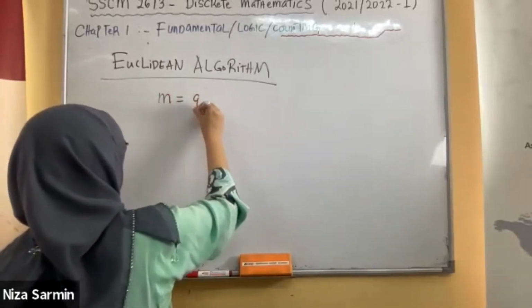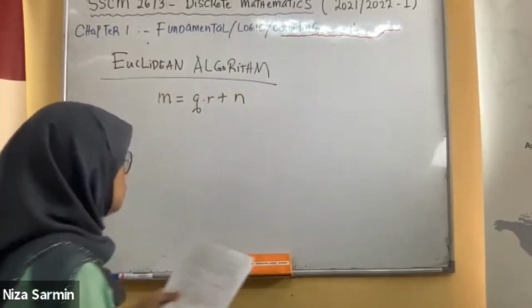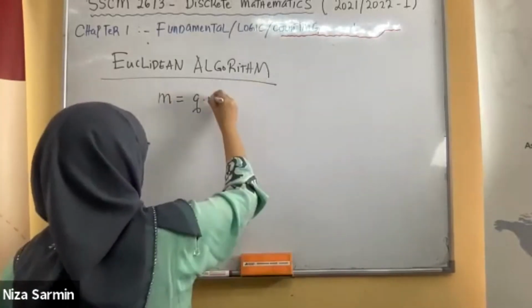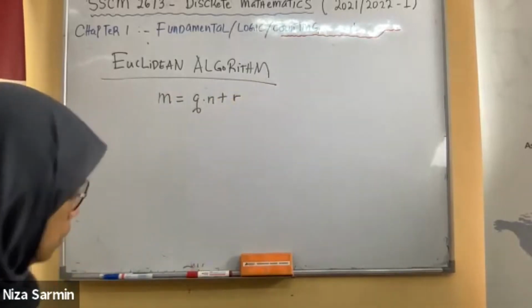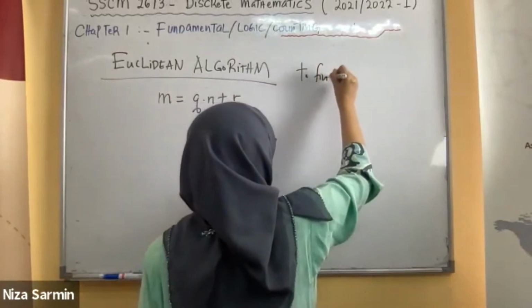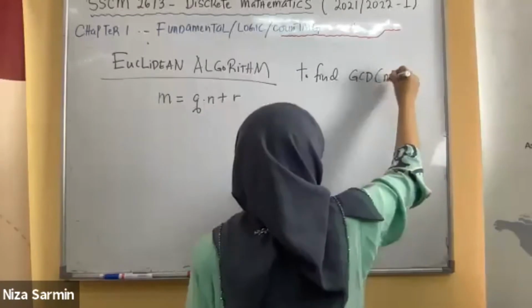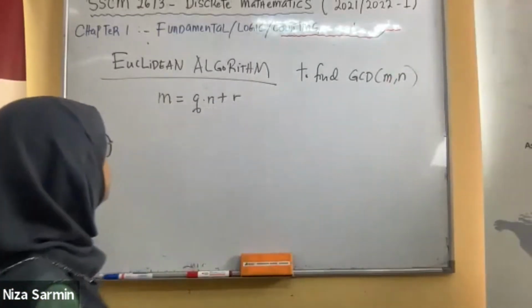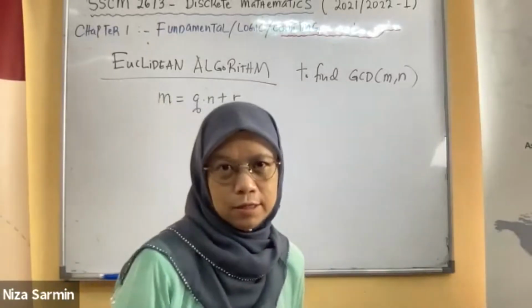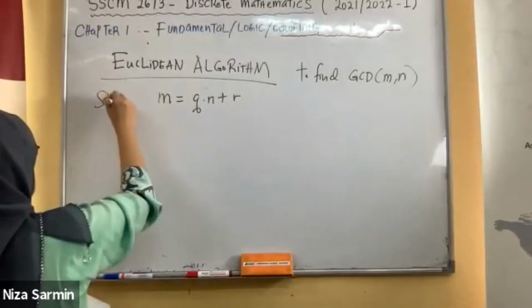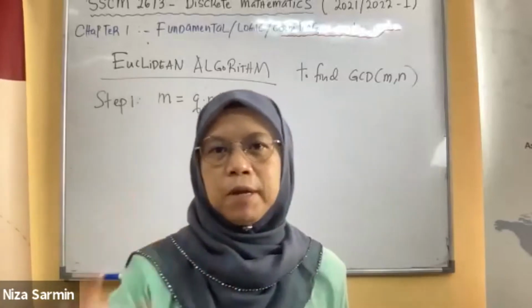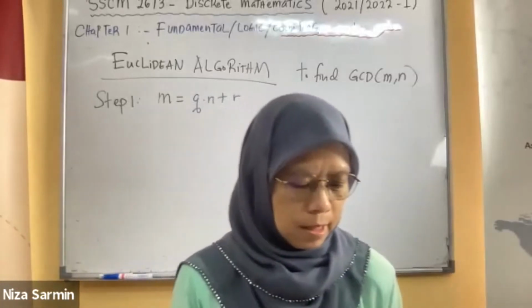M is Q times N plus R. This is to find the GCD of M and N. Step 1 is to write M as quotient times N plus remainder.